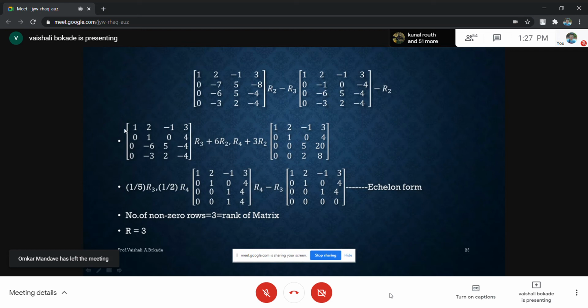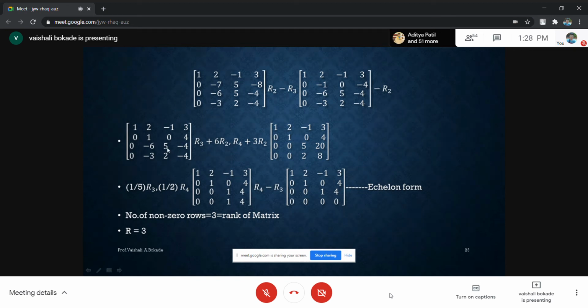I'll not use R1 and other things. Remember. Yes. So I am using row transformations R3 plus 6R2 and R4 plus 3R2. So your R1 and R2 will remain as they are, and these two entries are converted to 0 because I'm having minus 6 plus 6 and minus 3 plus 3. So these entries will get converted to 0.